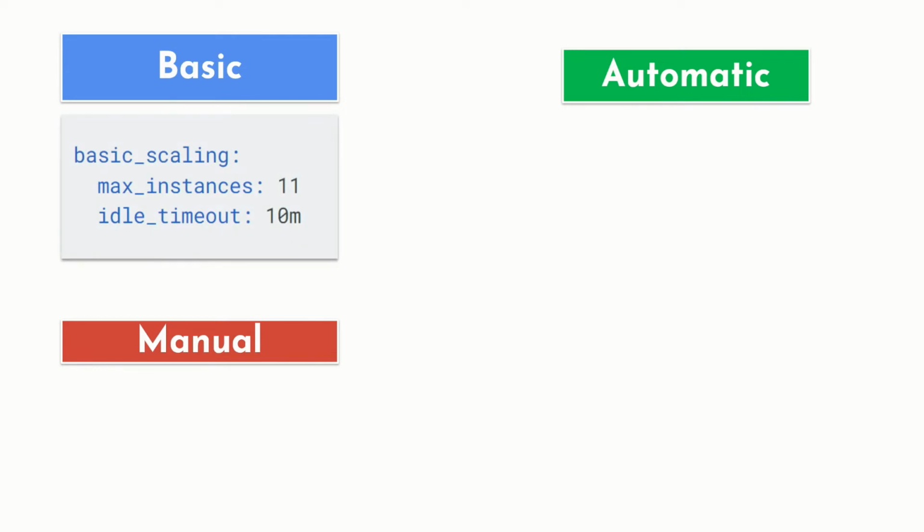Now let's have a look at the different scaling types in App Engine. We have three, as we have just seen: basic, automatic, and manual. So you specify basic scaling as this block in your app.yaml file, where max instances would be the maximum number of instances that your version will be scaled to.